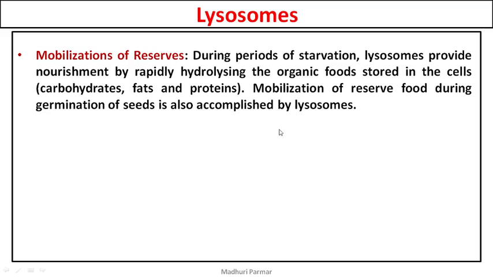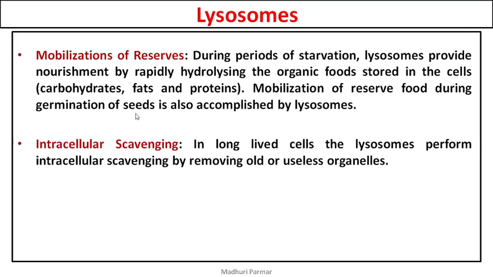Then mobilization of reserve food during germination of seed is also accomplished by lysosomes. A seed has a lot of stored food. So this stored food in the form of complex polysaccharides or polypeptides is finally mobilized, made into simpler molecules and made mobile. Mobile means movable from one place to another in germinating seeds.